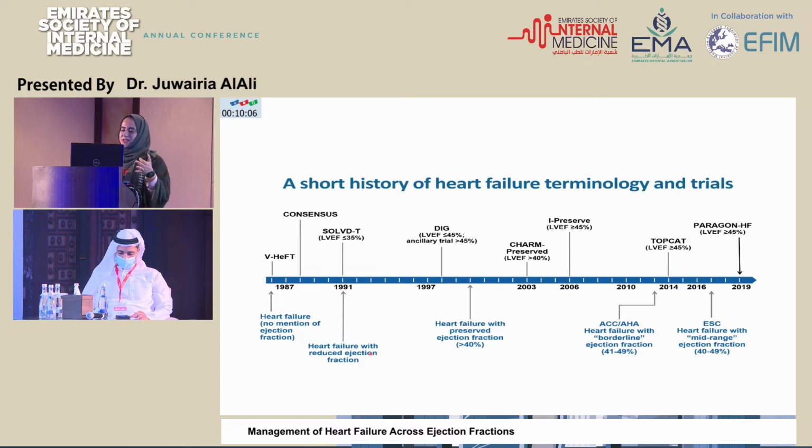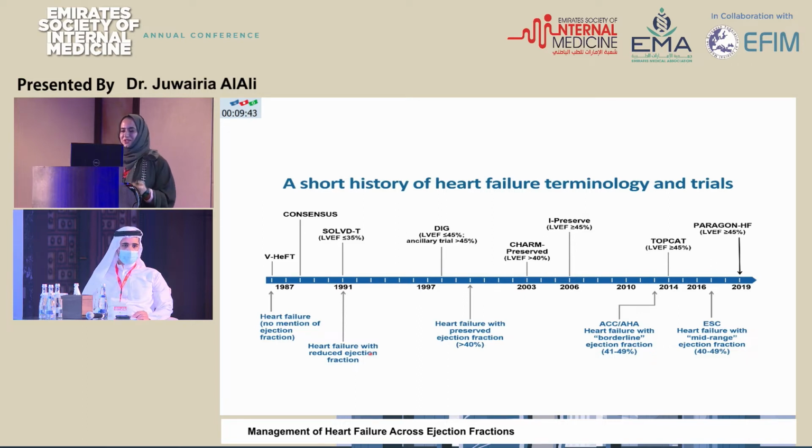So we defined this group of borderline ejection fraction. And then in 2017, we changed our mind again, and we called the borderline ejection fraction mid-range ejection fraction, because we don't think these are borderline. We know that there is a cardiovascular abnormality going on, but it's not that severe, so we called it mid-range.